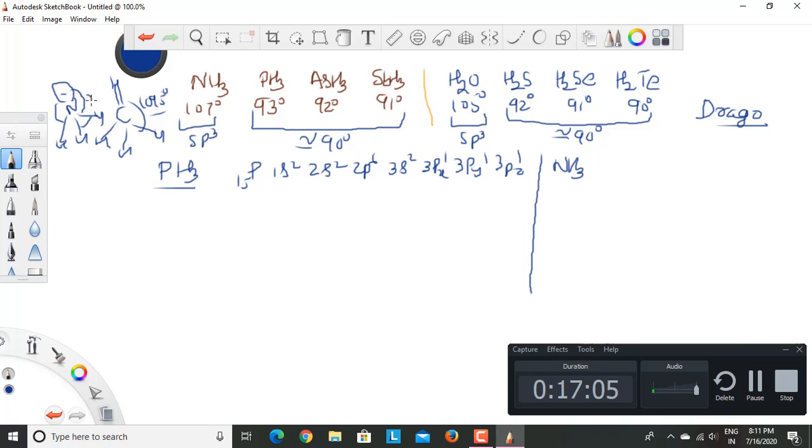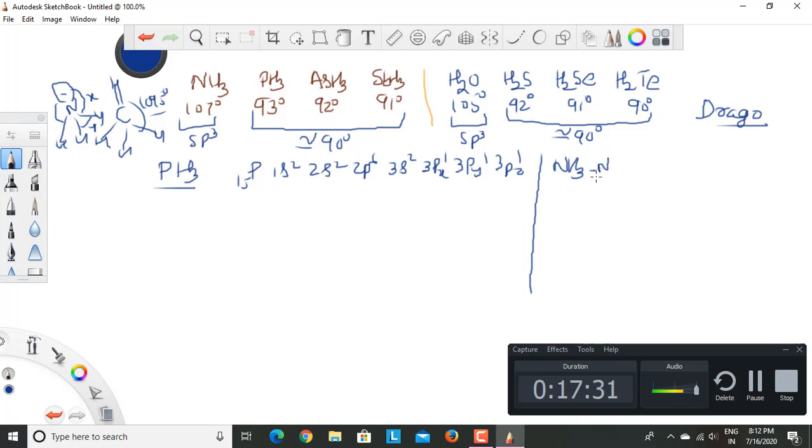Because this repulsion is more than the other, the angle will be less. So it is decreased, but by a small amount, around 2 to 2.5 degrees. But here the decrease is tremendous. From the tetrahedral angle the decrease is around 16.5 degrees. It is a very high decrease. So in NH3, the hybridization is sp3.